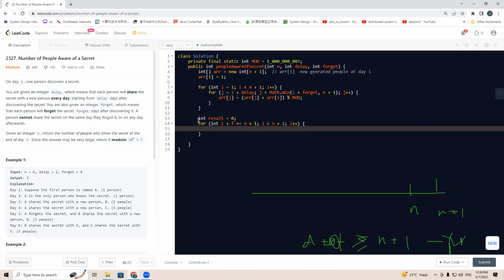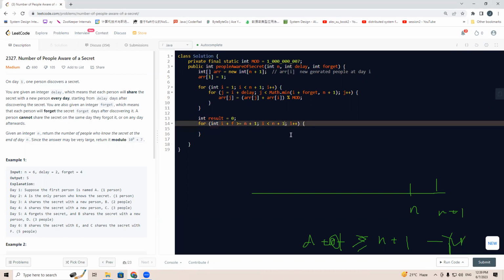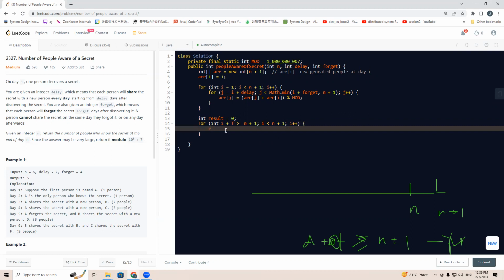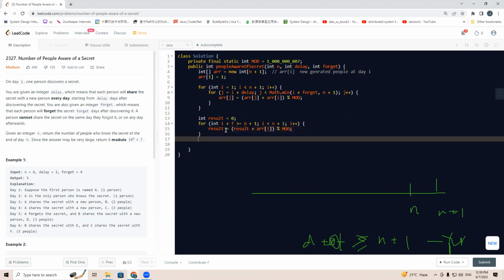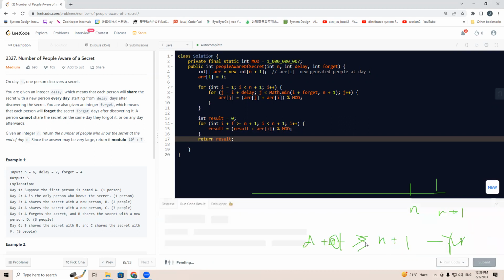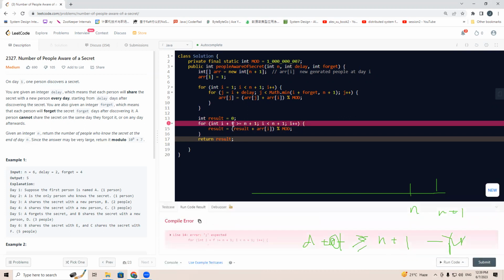So result equals result plus array i, with mod. And then we just return result. We can do this. This is not f, it should be forget.